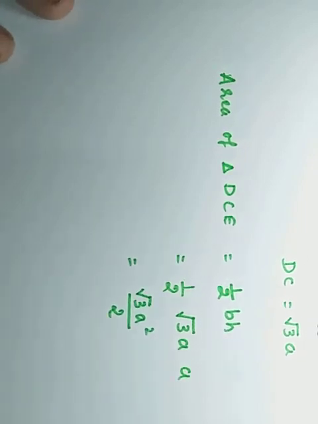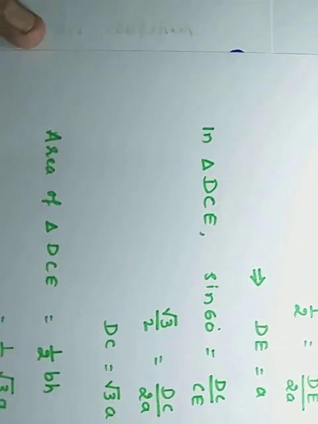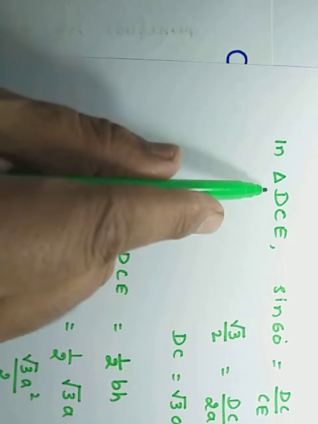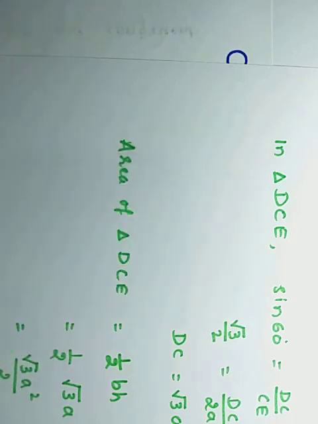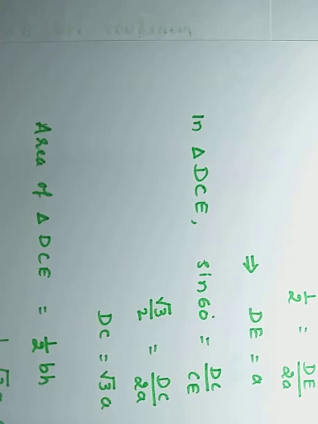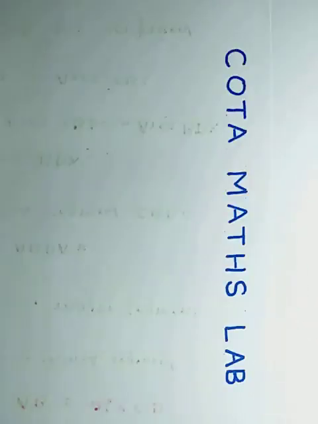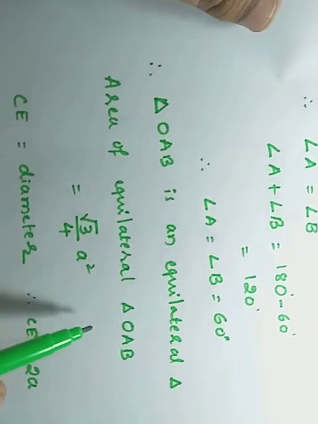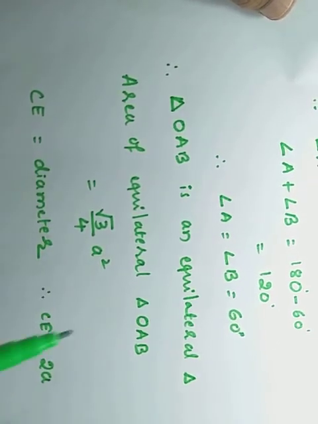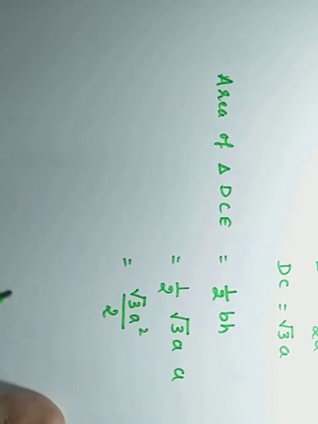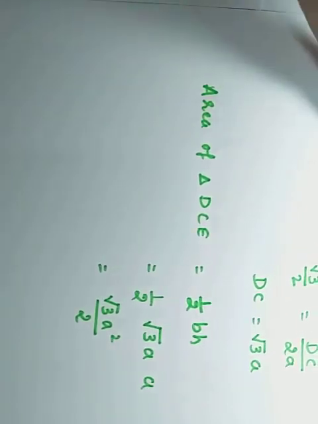Now what we require is to find the ratio of these two triangles. The area of OAB has already come and the area of DCE has just come now. We will calculate the ratio of these two.